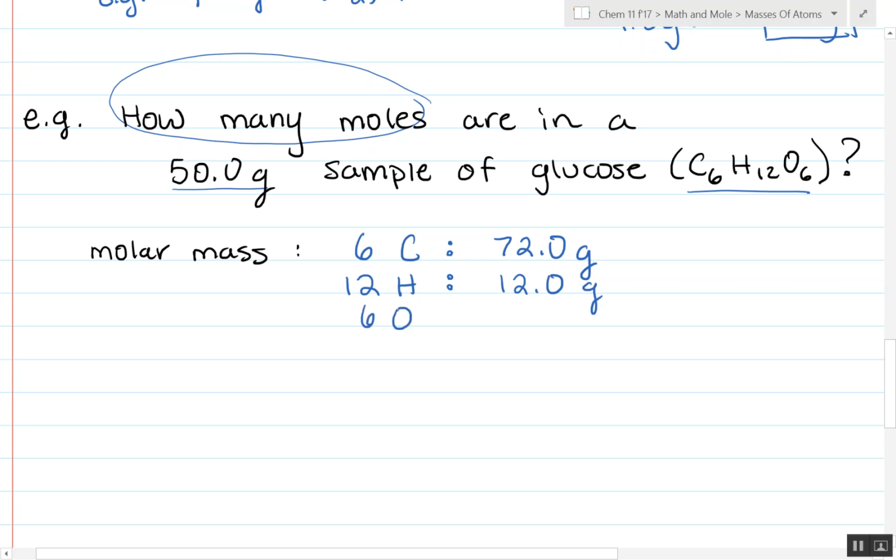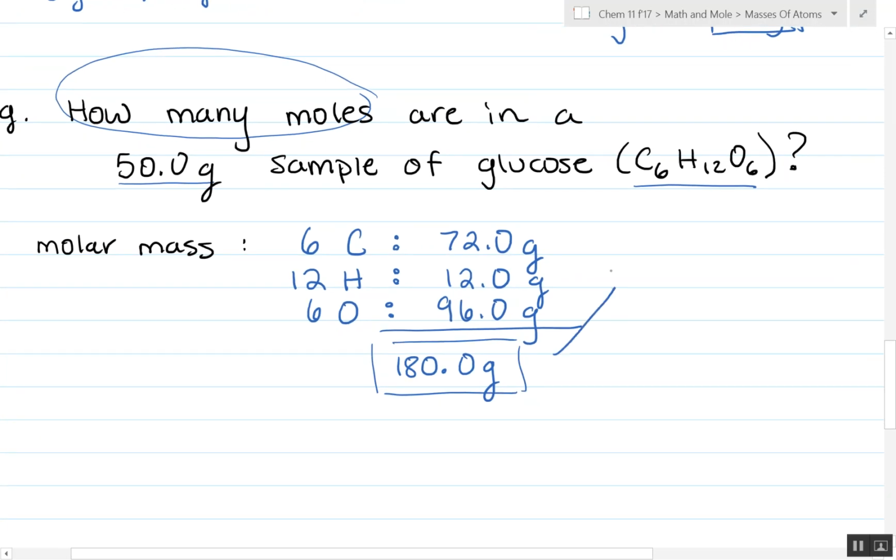And then we have 6 oxygens, which is going to be 16 times 6 is 96.0 grams. I total all those up, I get 180.0 grams of glucose. And remember, this is the mass of 1 mole of glucose.